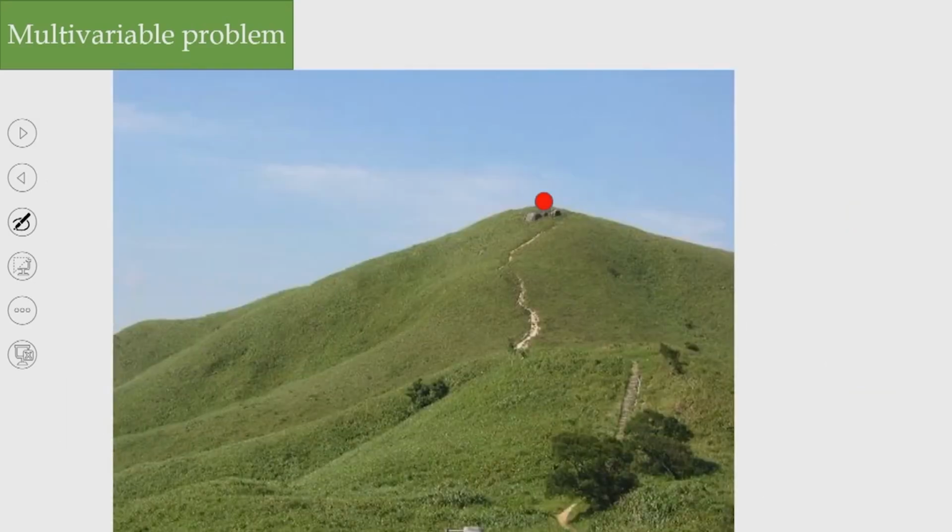Now, this algorithm can be explained using the hill climbing problem. Suppose this is the optimal solution, the maxima of this particular hill, and I would like to find this optimal point. Suppose you are at this particular location.